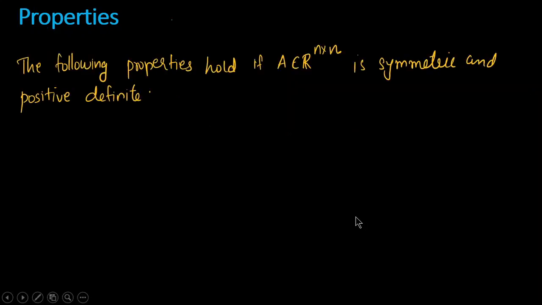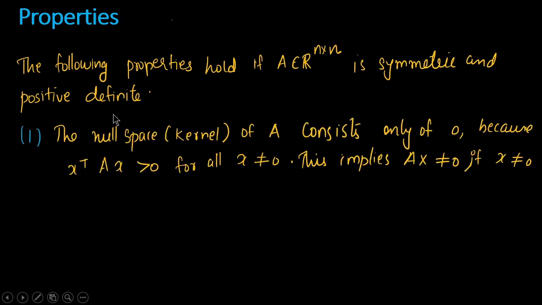Then the properties of the inner products are like this. The following properties hold if A belongs to R n by n is symmetric and positive definite. The null space or kernel of A consists only of 0, because x transpose A x is greater than 0 for all x not equal to 0. This implies that Ax is not equal to 0 if x is not equal to 0.